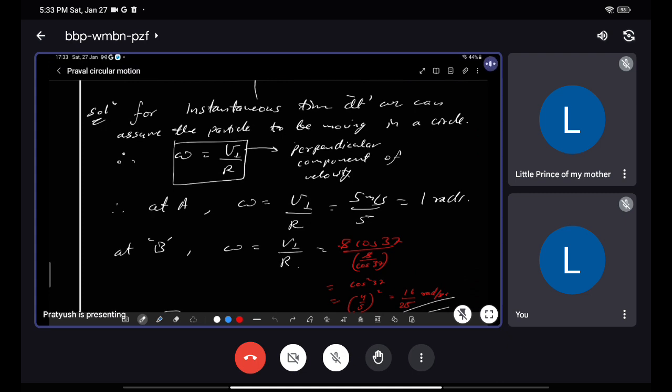Radius means wherever we are standing, whatever our reference point is. So omega will be equal to perpendicular velocity divided by radius. Always remember that, because sometimes students apply the inverse, taking the perpendicular component of the radius itself, which is wrong.